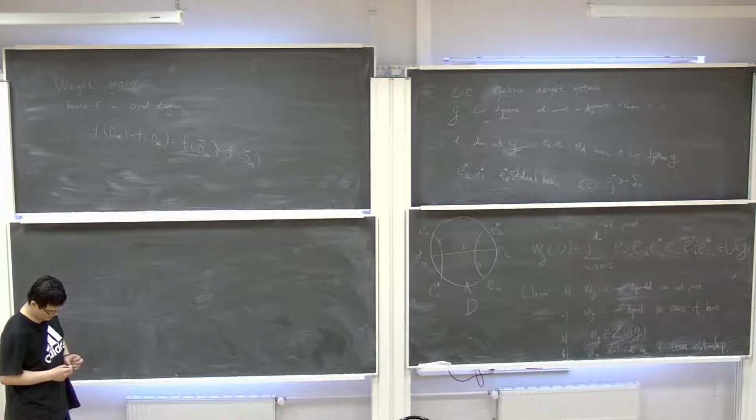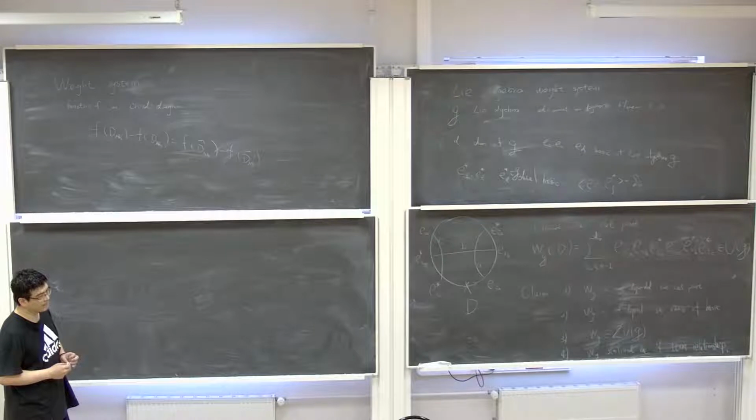However, it's extremely difficult, and what Zhuoke is going to talk about is serious progress in computing this weight system for a specific series of Lie algebras, namely for GLN.